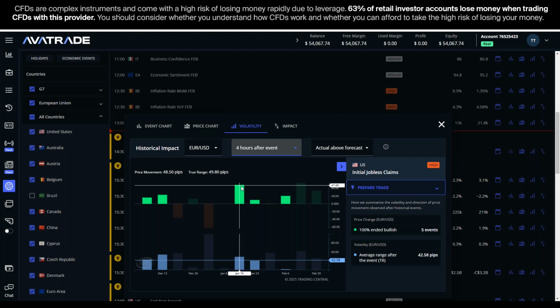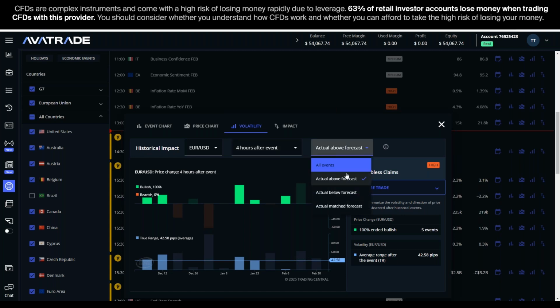So clearly you have entry points that are lower before these went up because the average range movement's over 42 pips. Okay, so this is pretty clear. If this comes in above forecast, the statistics say buy if you can get the entry point that you like. Now, if I go, what if it comes in below forecast? Meaning better news than expected out of the US, less jobless claims.